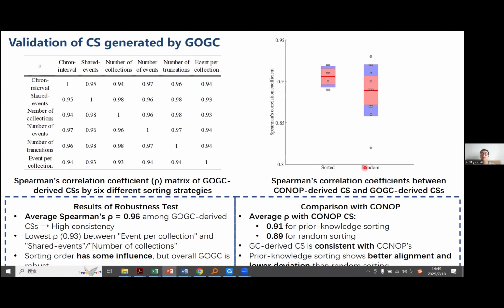We also compared our generated composite standard with the composite standard generated by CONOP, and the average coefficient is nearly 0.9. That means our GOGC-derived CS is consistent with CONOP. However, we also found a very interesting phenomenon: the CS generated based on prior knowledge sorting shows better alignment and lower deviation than the random sorting.